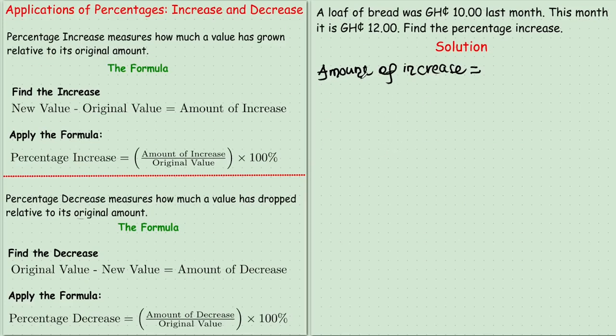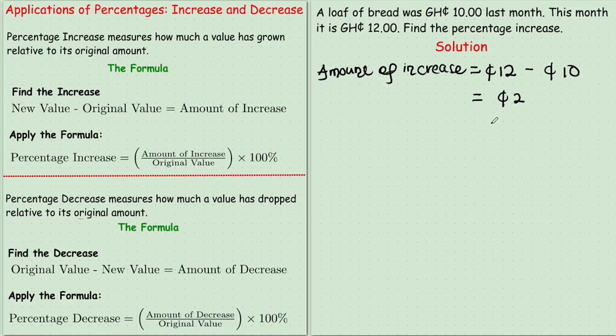And then with your parameters written, you say amount of increase will then be equal to what? The price this month minus the price last month, which is 12 minus 10. And 12 minus 10 gives us what? A 2. That is all we need.